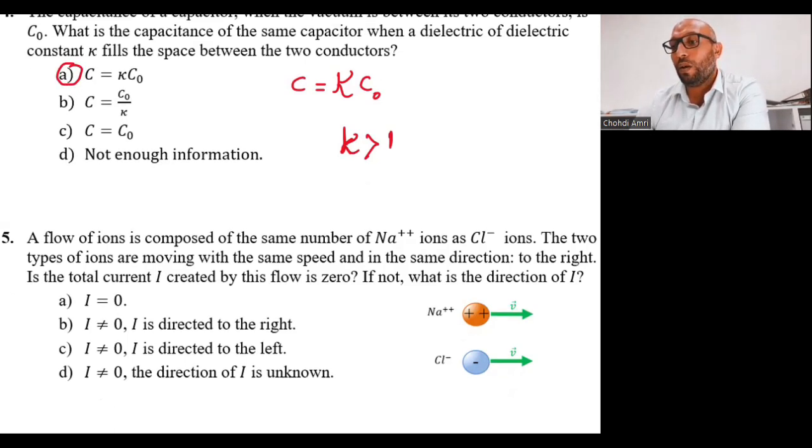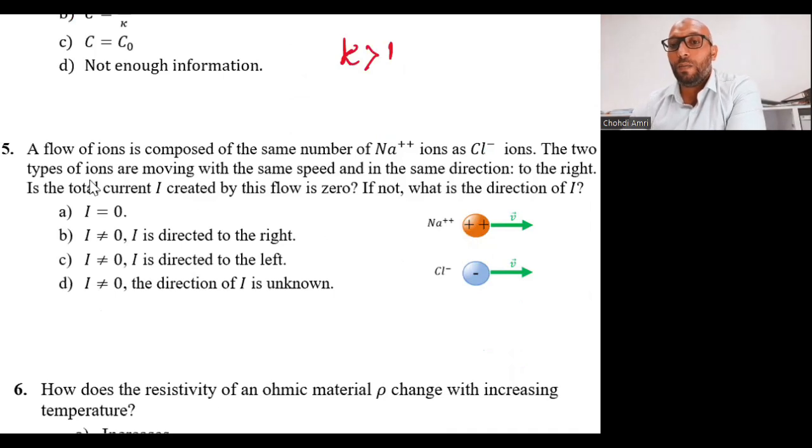Let's continue with question 5. The flow of ions is composed of the same number of Na+ ions and Cl- ions. The two types of ions are moving with the same speed and in the same direction, to the right.